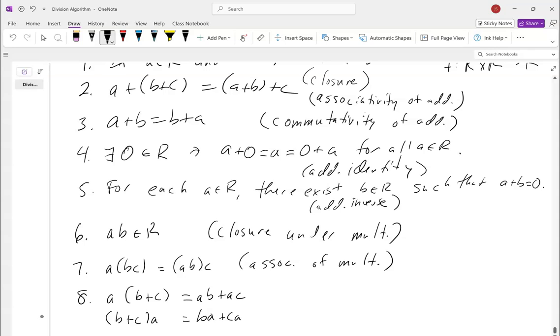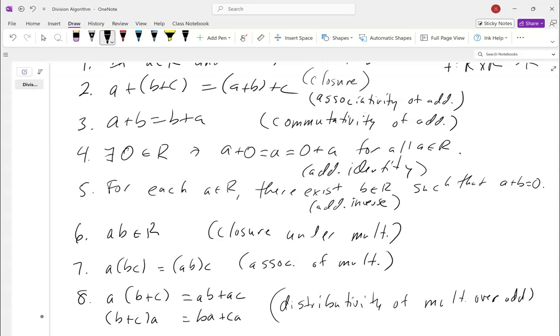Multiplication distributes over addition both ways. That's the last axiom that we have for rings.